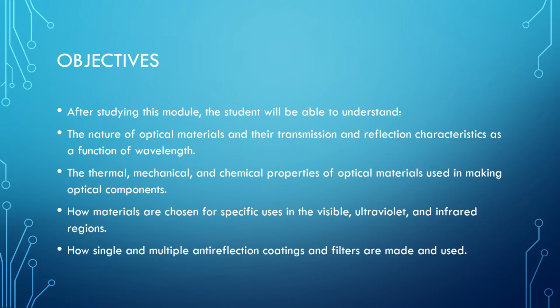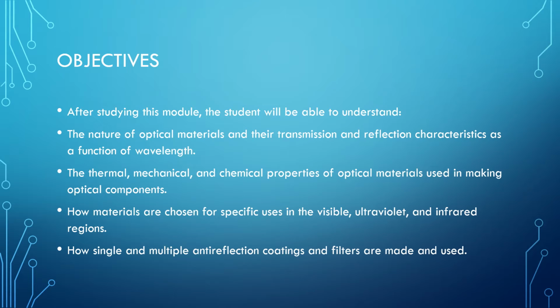You'll be able to understand the thermal, mechanical, and chemical properties of optical materials used in making optical components, and how materials are chosen for specific uses in the visible, ultraviolet, and infrared regions. Also, you'll understand how single and multiple anti-reflection coatings and filters are made and used.